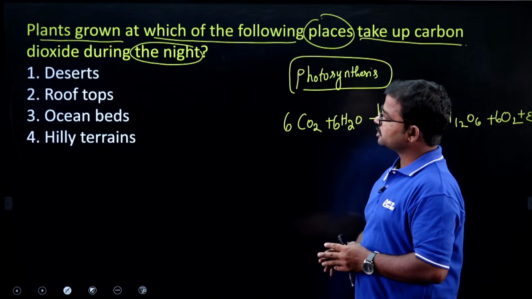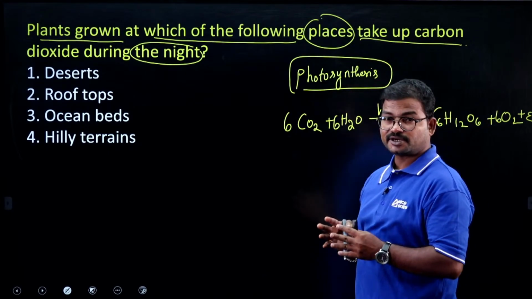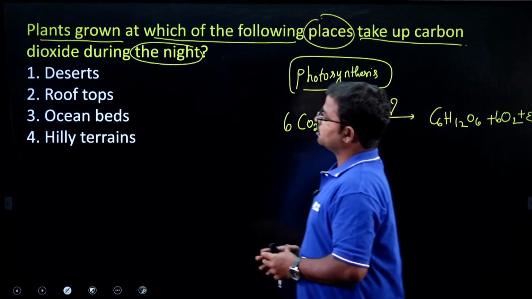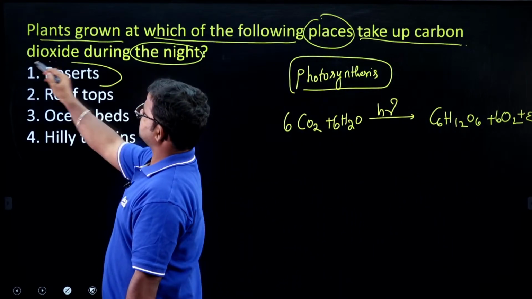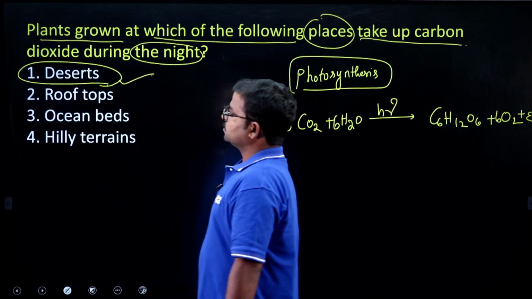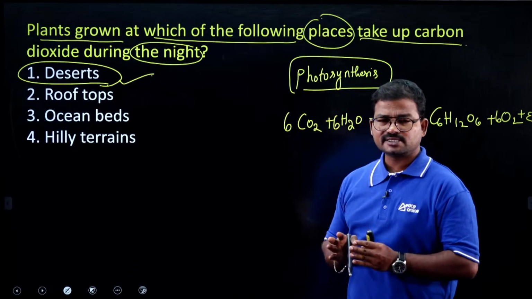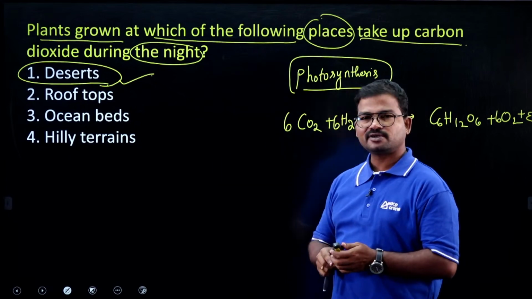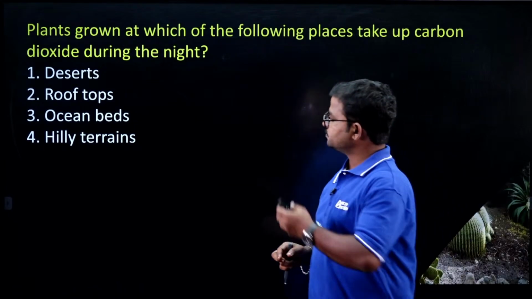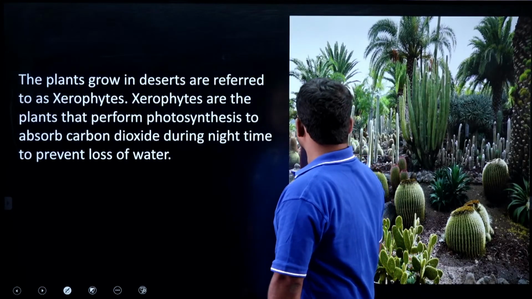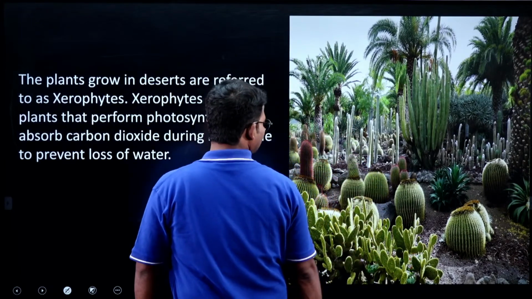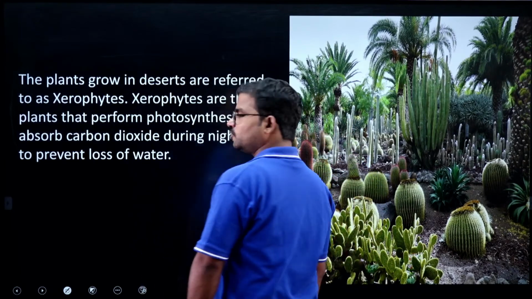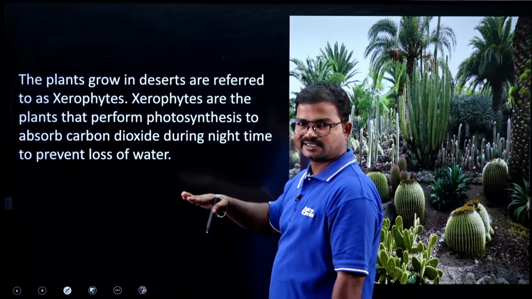But here they mentioned the period of night time. So where would we observe this? Deserts. Okay, so why in deserts? In deserts, the amount of moisture level would be very low, na?